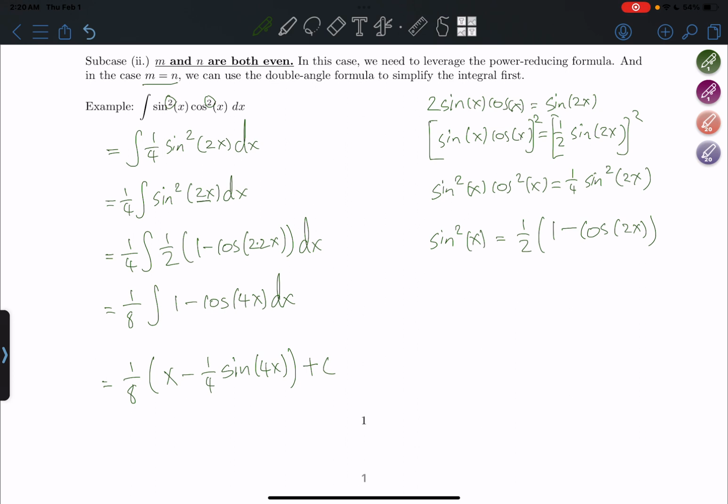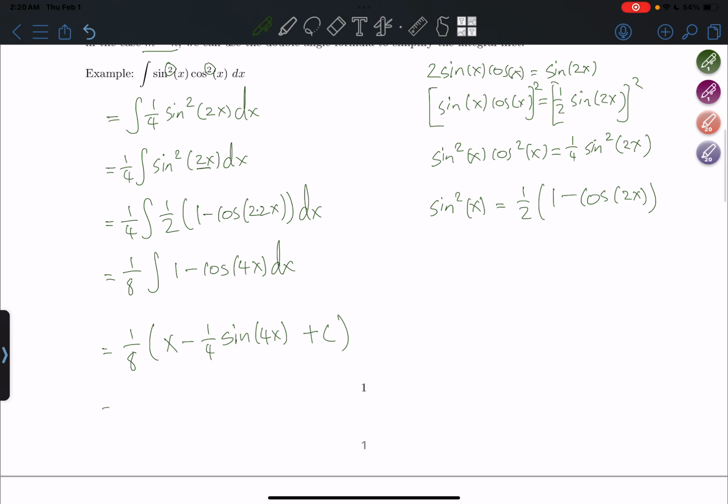Oh yeah, we'll go ahead and write it like that, but technically it should be something like that, right? And then you just go ahead and distribute the 1/8. You have x over 8 minus 1/32 sine of 4x, and then plus c. And that right there is your final answer.